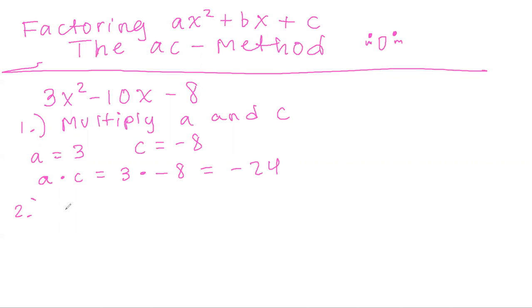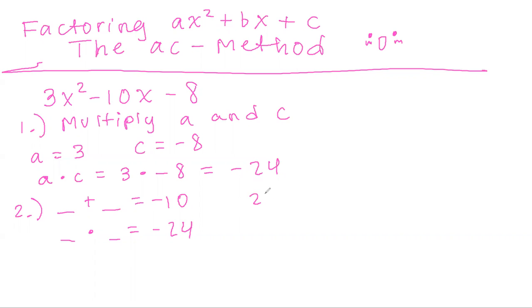In my next step, I'm going to look at, okay, what are two numbers that add up to -10? So again, we're still adding up to our B value. And then we're also now looking at what two numbers multiply to -24, which is my AC value.